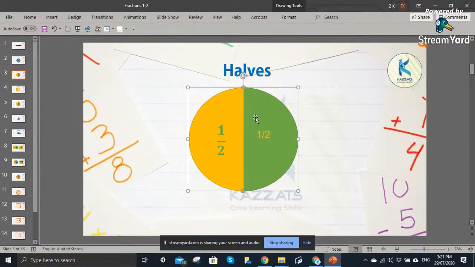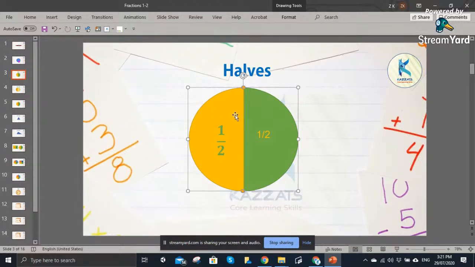If you overlap the diagram, the green part and the yellow part are exactly the same, only the difference is color. That is just done to give you a clear concept. If the parts are not the same, that part will be a fraction, but it cannot be identified. But if the parts are equal, then we can identify a fraction.